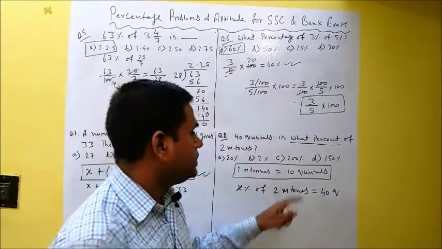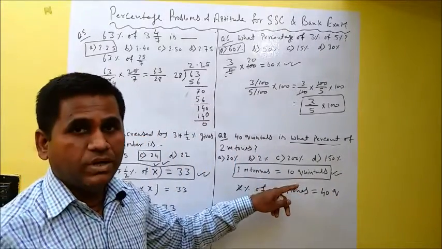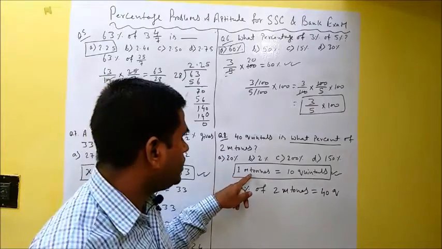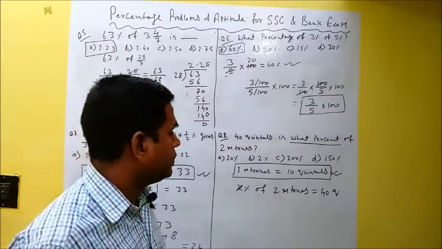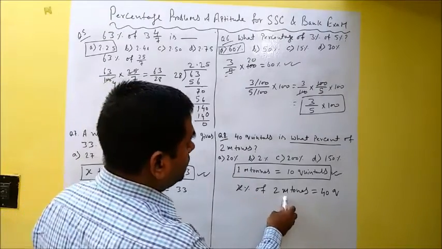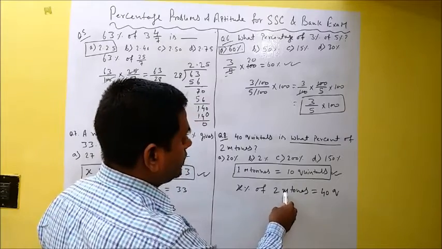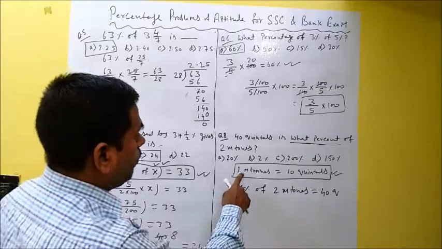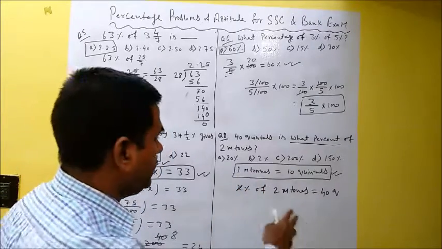So we come to know that metric ton is the bigger unit, like 1 metric ton is made up of 10 quintals. So 2 metric tons is easy to convert. If we multiply 10 to 2 metric tons, this will get converted into quintals. So 1 metric ton is 10 quintals, so 2 metric tons is 2 into 10, that is 20 quintals.